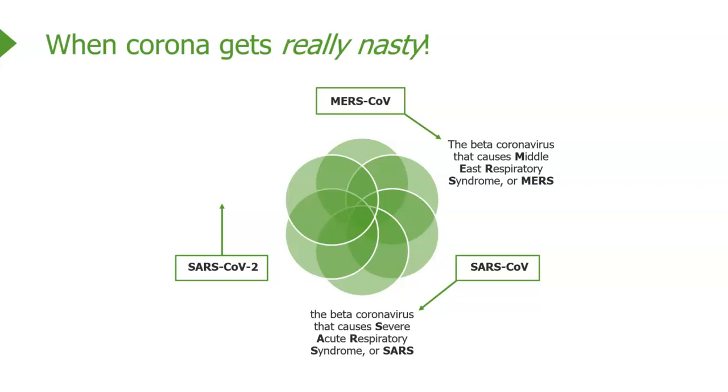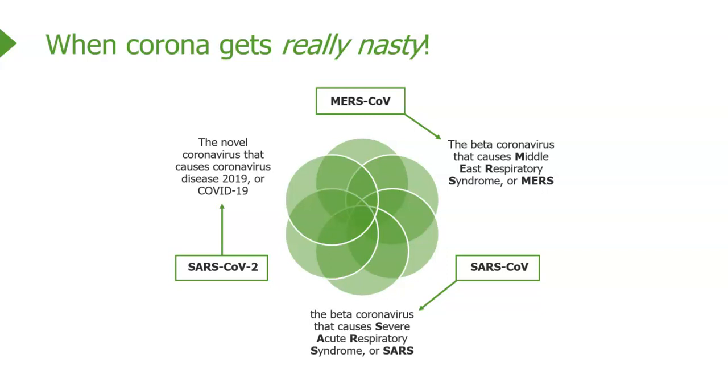Now, the one that we are most interested in currently in the year 2020 is SARS-CoV-2. That's the novel coronavirus that caused the coronavirus disease of 2019, or COVID-19. Now you see you've got the original over there with SARS-CoV that gave us a problem with SARS. This virus has some similarities, which is why it's called CoV-2.